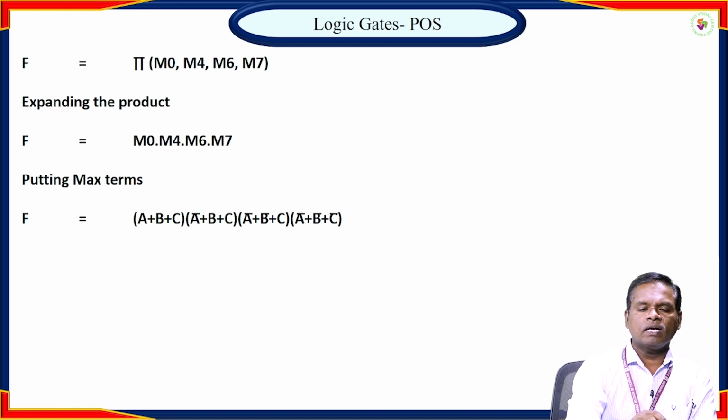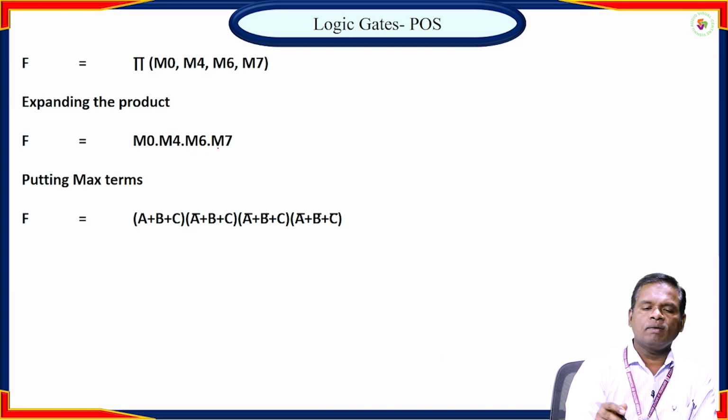So the same thing can be written as f equal to M0 and with M4 and with M6 and with M7. Why? Because it is a product of sums. The sums are in the form of max terms. So M0, M4, M6 and M7.